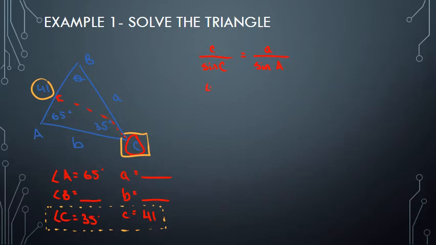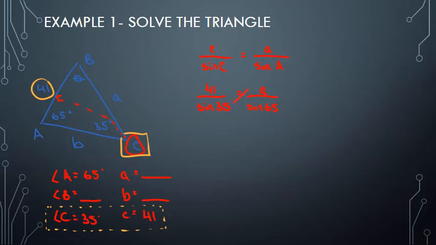So 41 over sine 35. What we're doing is using the sine law to create a proportion, everybody, and then you solve the proportion. Remember, a proportion is just 2 fractions that are equal to each other. So, 41 over sine 35 equals A over sine 65.